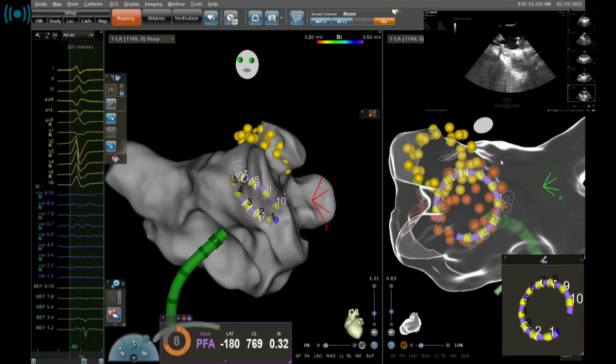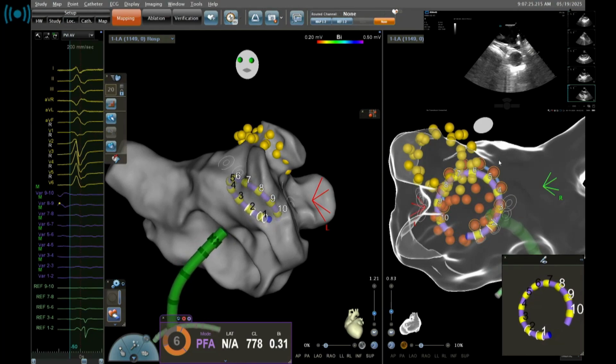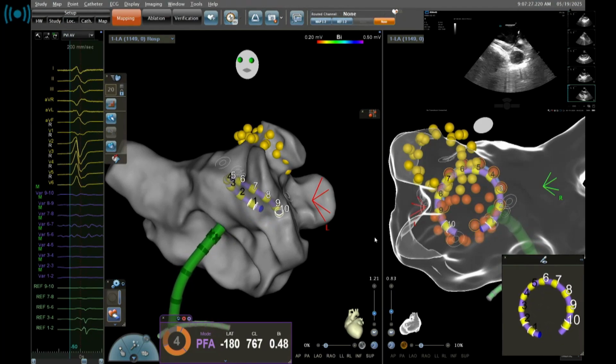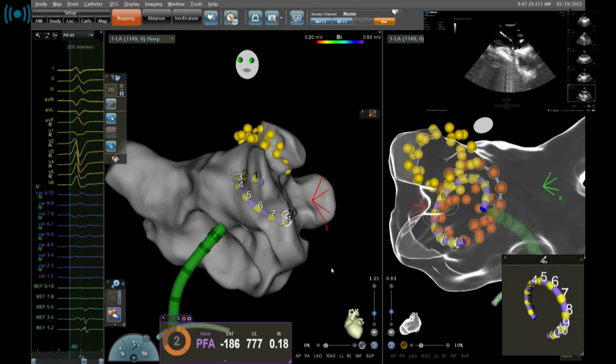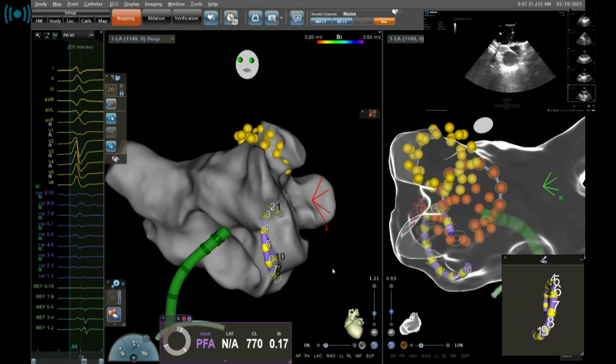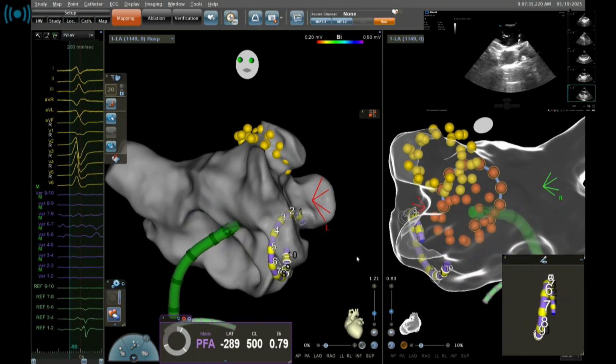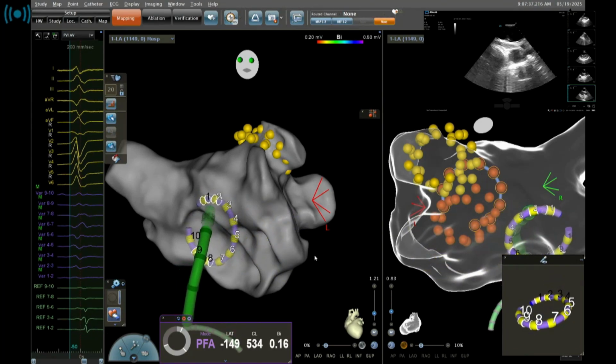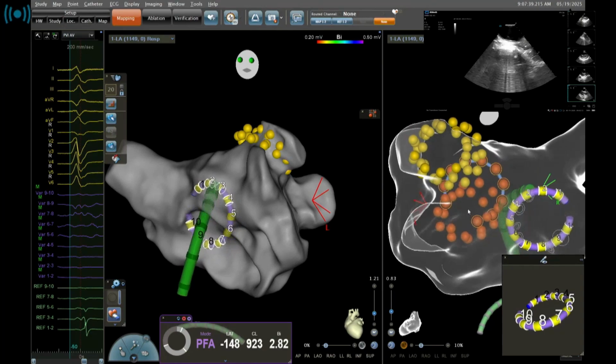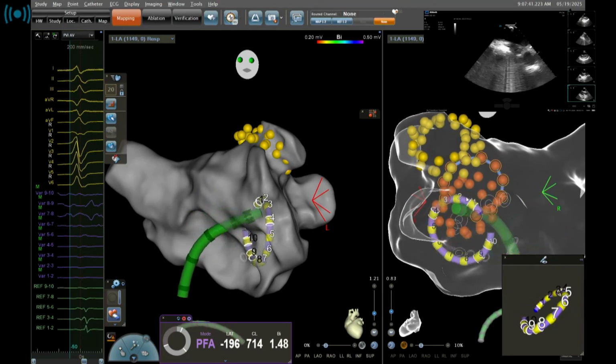Okay, I rotate a little bit more, and then we do the last application here. I'm rotating just to change the position of the gap. Now the gap is posterior. Okay, I can go again on the vein.